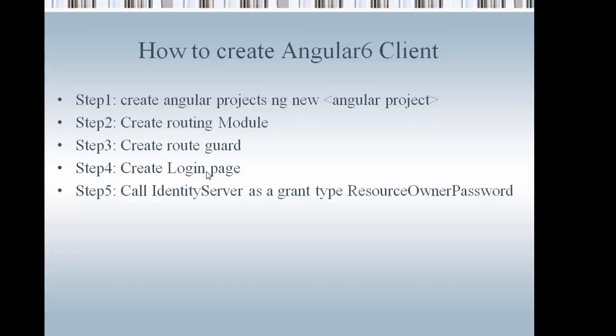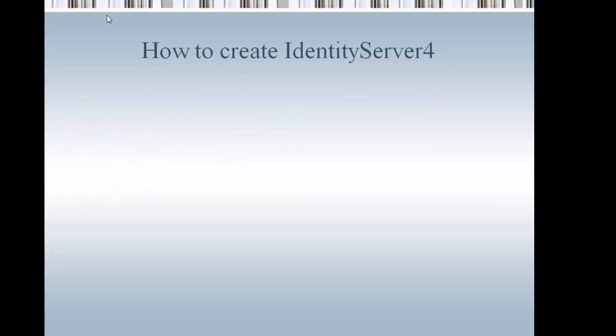In that method we will provide a grant type as resource owner password and client credential for fetching the token from Identity Server 4. This is all about the Angular 6 client.